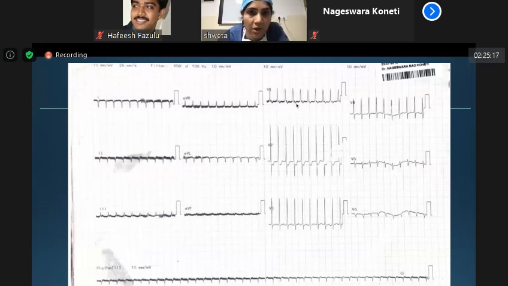That means it's a long RP tachycardia. As you can see in lead 1, first there is an R wave, then an inverted P wave, and then the T wave. So actually the P is falling just after the QRS. So this is a long RP tachycardia.